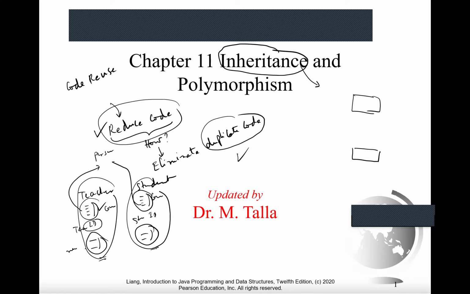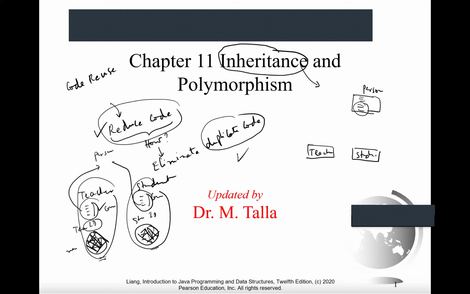The code which you wrote down here is being reused. The common code which you wrote down is being reused, and you kept that common code and common variables here, and the class is person. And then I will say student, teacher.